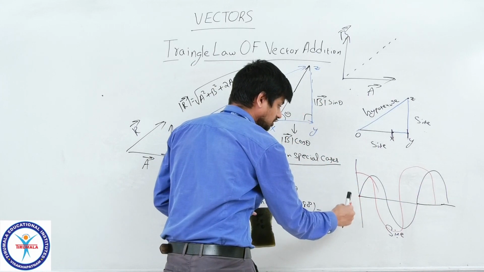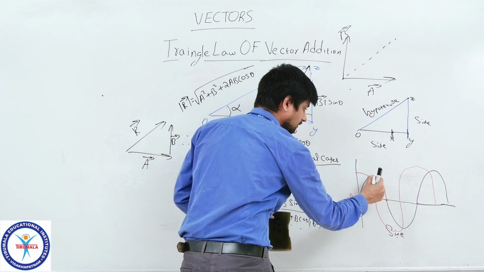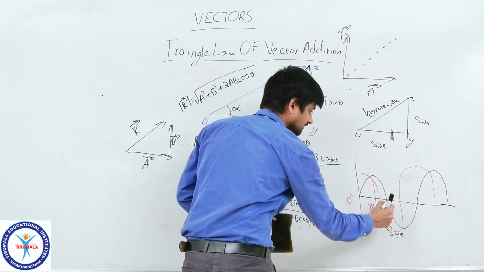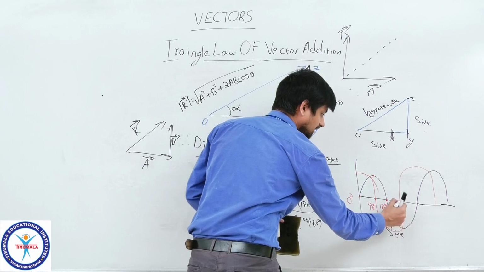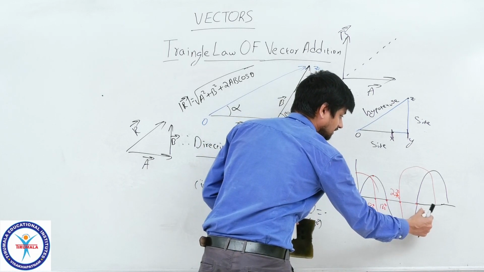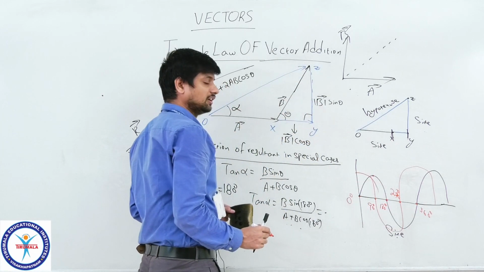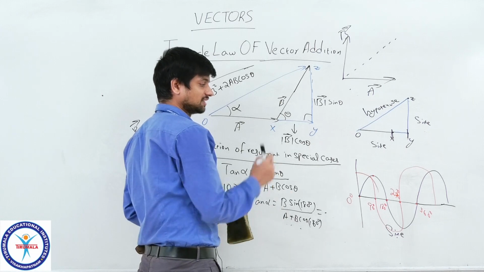So, this is 0 degrees, here 90 degrees, here 180 degrees, here 270 degrees, here 360 degrees, because to complete one cycle it should revolve for 360 degrees.